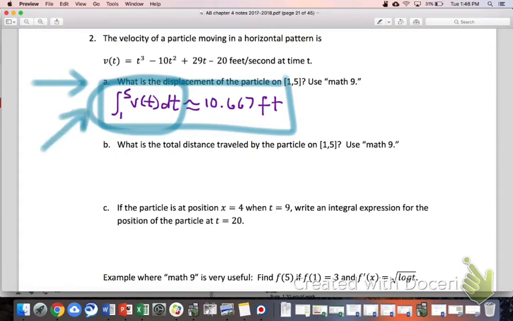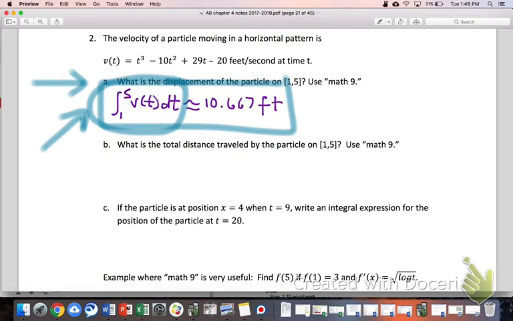The 3 weeks ago version of you would never have written that down. You would not even have known where to start. So the fact that you wrote down integral from 1 to 5 of v of t dt is very significant. And then you used Math 9 and whipped out the answer. No big deal. But writing down what you're actually doing is very important because you're communicating that, as a matter of fact, I do know what I'm doing, and here's my proof for that. And then hopefully you get the right answer.